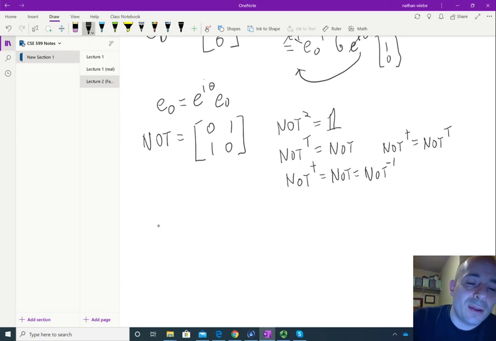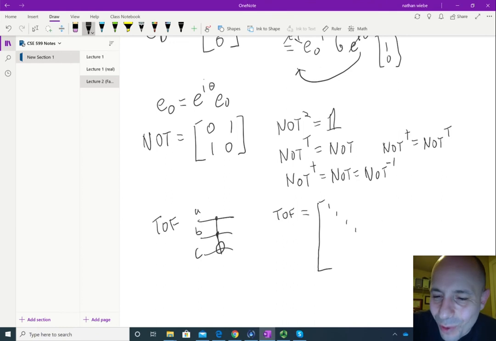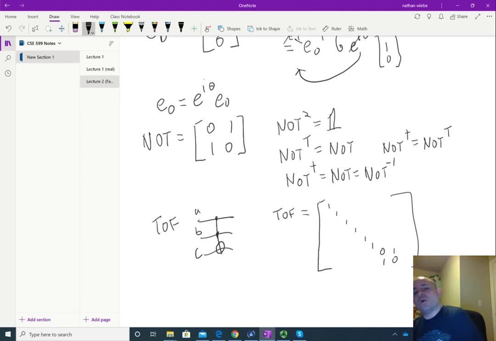Similarly, the Toffoli gate, which acts on the first two with the target in the bottom one, is often drawn pictorially like this with A, B, and C. The Toffoli gate of this form has the exact same property, where Toff equals a transformation of that form over here.